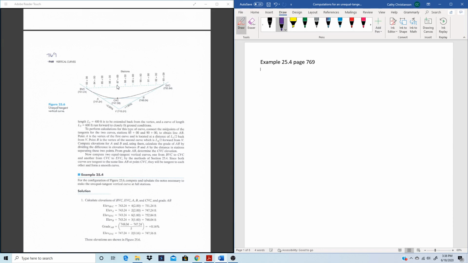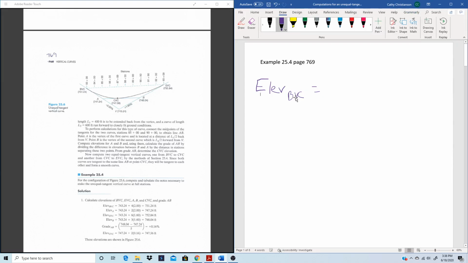Alright, so we're going to put some numbers in here. So we want to calculate begin vertical curve, end vertical curve, CVC, and the line. So we're wanting to calculate elevations. Alright, so for the elevation of the beginning vertical curve, I'm going to do the elevation of V, and that is 743.24. My handwriting's horrible.